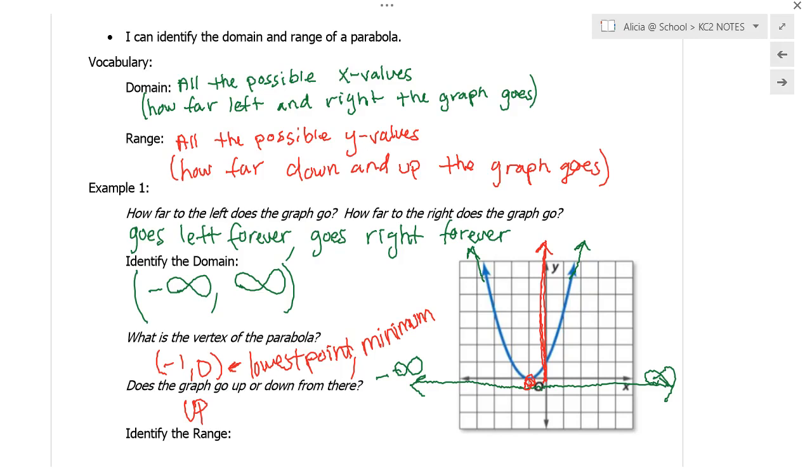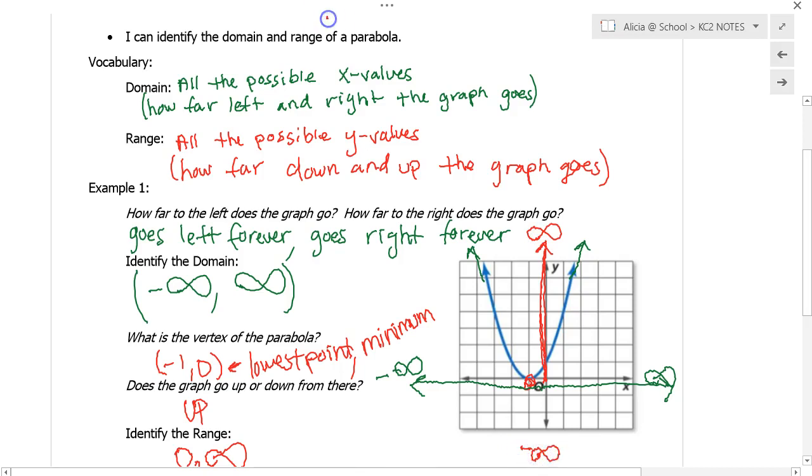Well, our lowest point then is the point that I have to use. Our lowest point was 0. And then it's going up forever, which means up forever is a positive infinity for y. Right? This is a positive infinity. This is a negative infinity. Values of y, right? Going up forever.